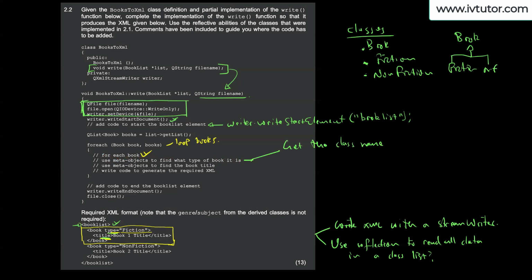Use meta objects to find the book title. Again, this is a property within the book. So in other words, you're using meta objects to get the property and its value, right?